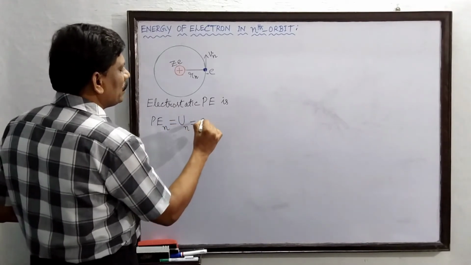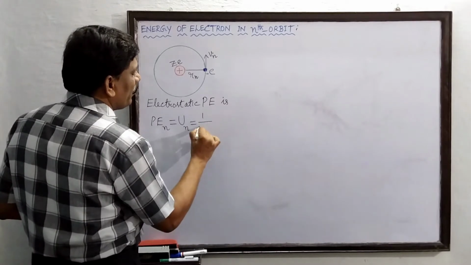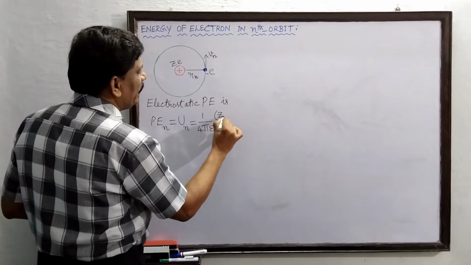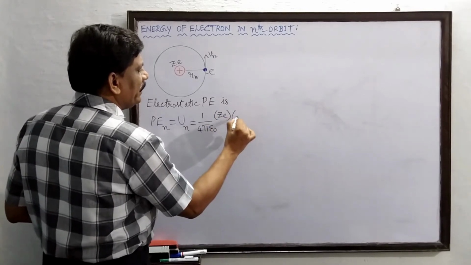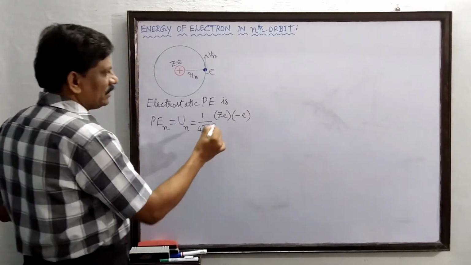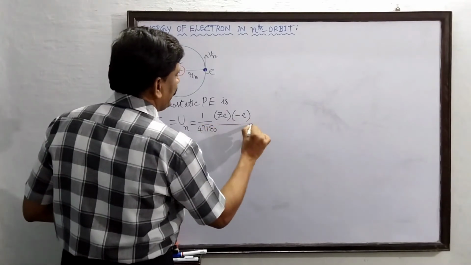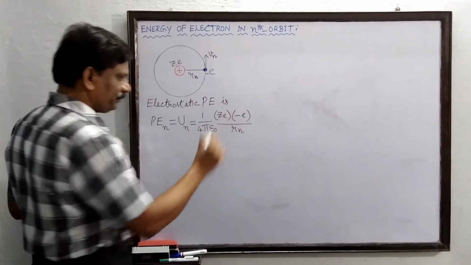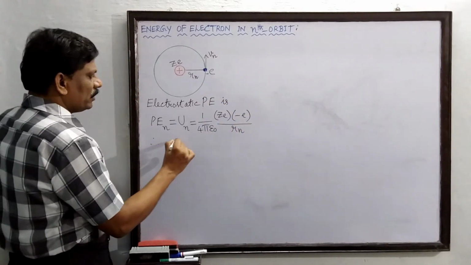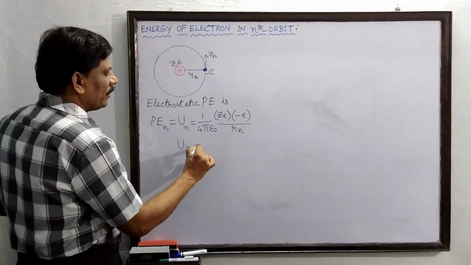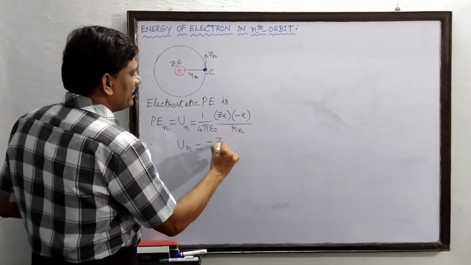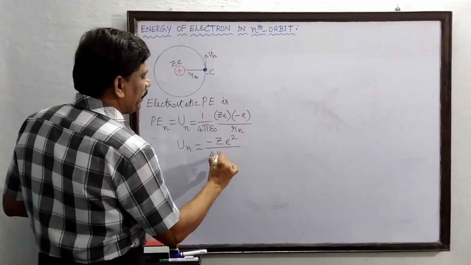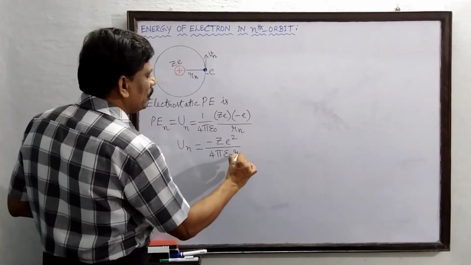So, this is equal to 1 by 4 pi epsilon naught into Ze, the charge of the nucleus, into minus e, the charge of the electron, divided by the distance of separation between the two charges, which is Rn. So, this Un is equal to minus Ze square divided by 4 pi epsilon naught into Rn.